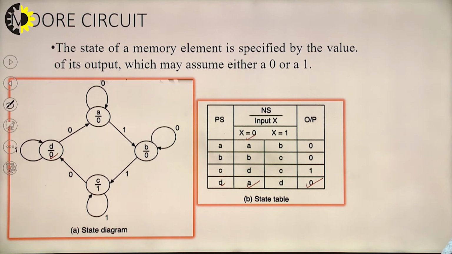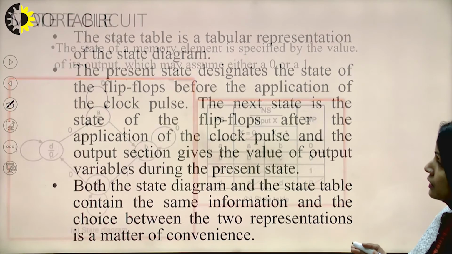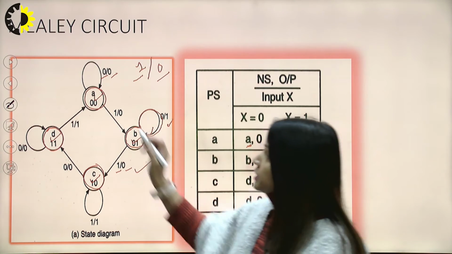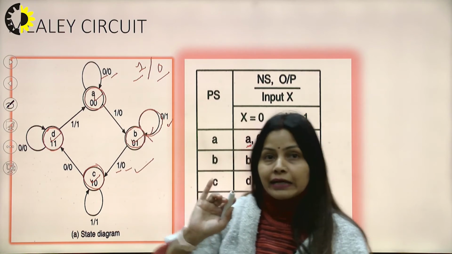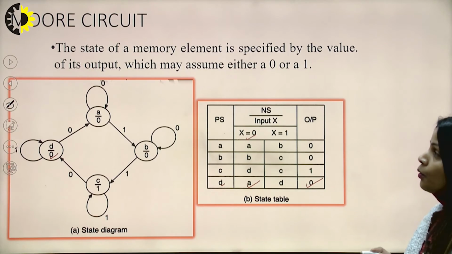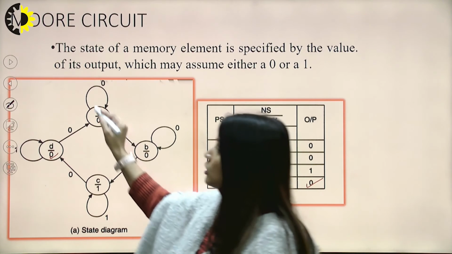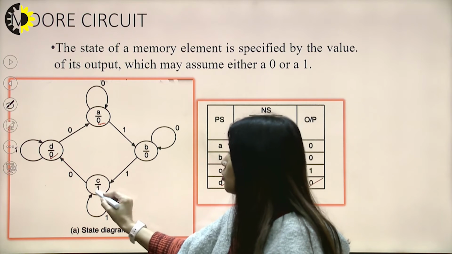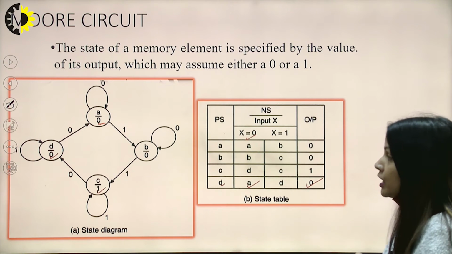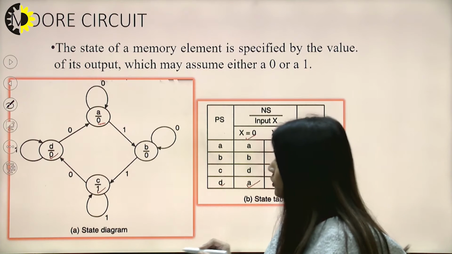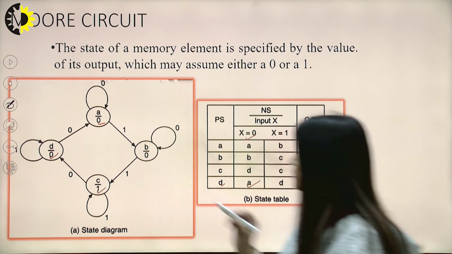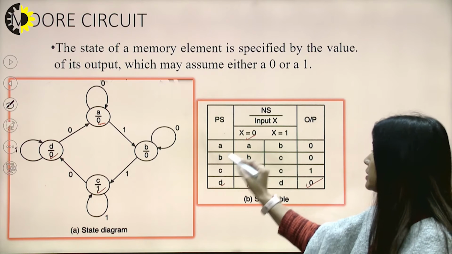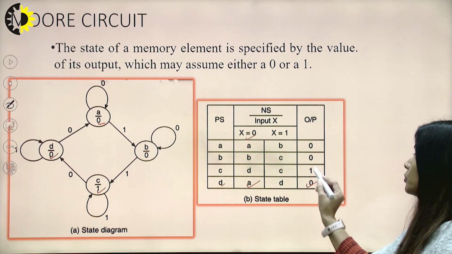So here there is a little difference between these two: there we are representing input and output on the line, here we are representing only the input on the line and the output in the state. Whenever the input to C is 1, C remains in its own state and the output is 1.